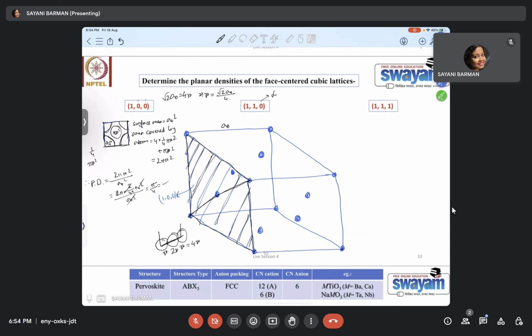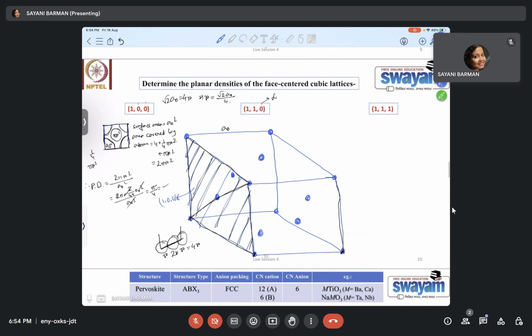See, this is one intercept, this is one intercept. If we take this plane, then it will be parallel to the y-axis also, so y would not be one intercept, right? So this is not the plane.